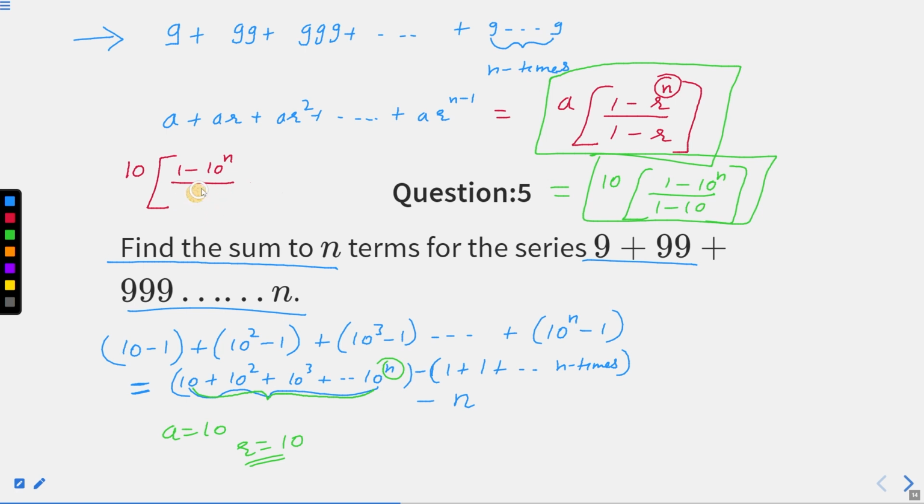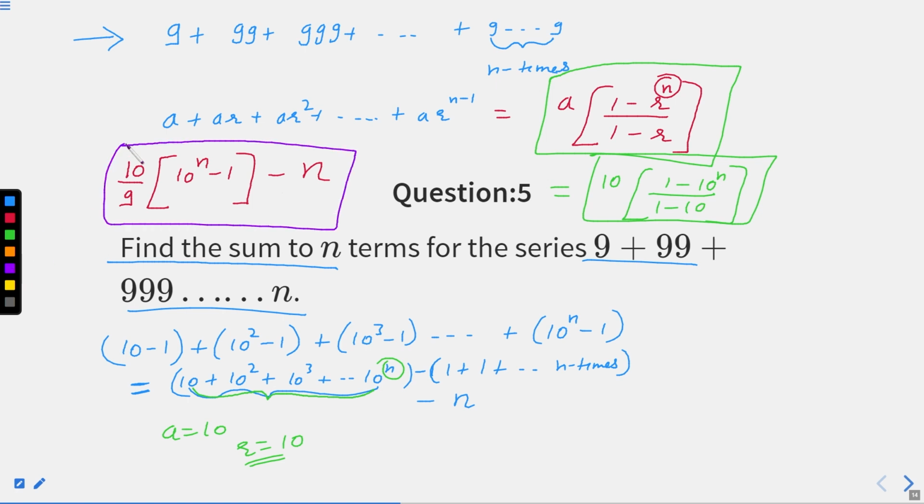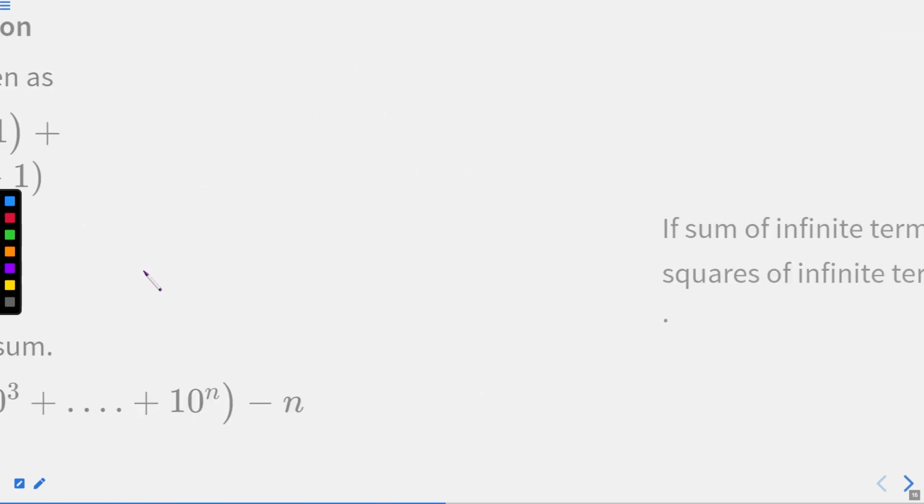That further I can rewrite as 10 power n minus 1, over 9, minus n. So this will be my formula for this finite GP. Okay, clear? Let's move further.